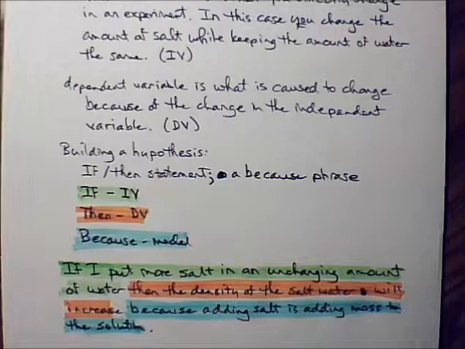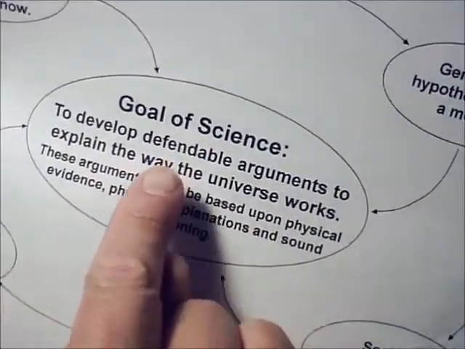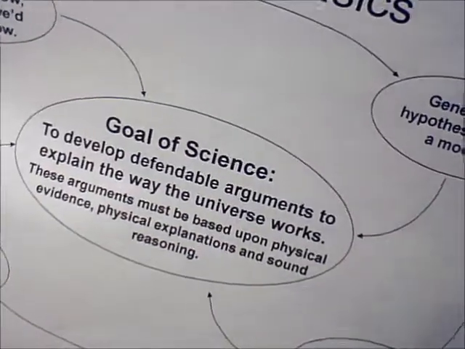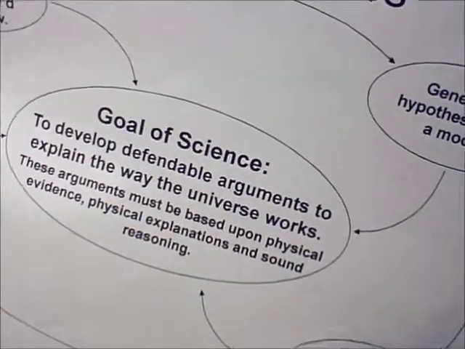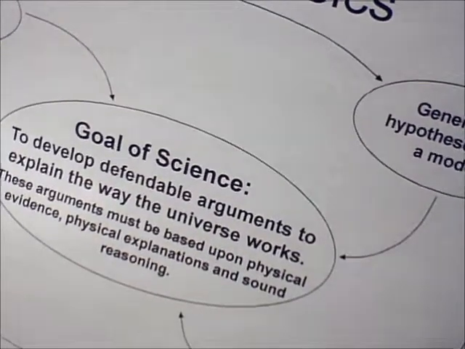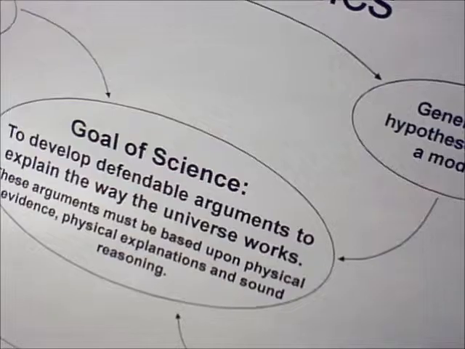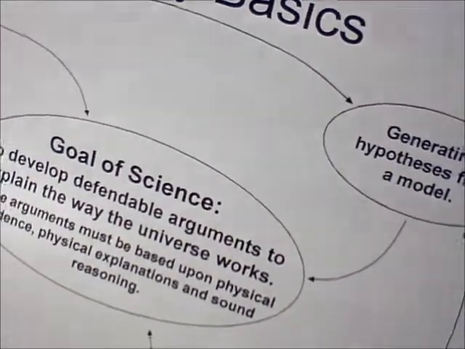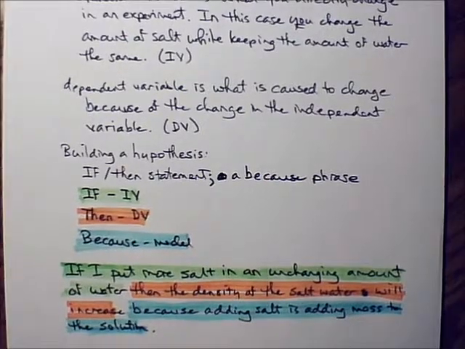In fact, everything in science has to be testable. The word defendable up here in our goal of science, defendable means testable. Defendable means you have some evidence, and the majority of the evidence supports your argument. So testable is everything in science. If it's not testable, it ain't science.